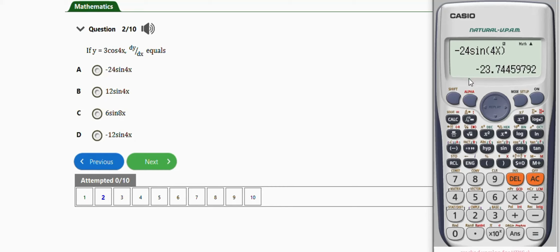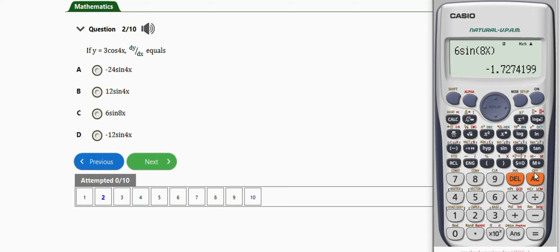So let's check option C. C is sine 8x. Close the bracket to balance it. So what's it equal to? Minus 1.72.